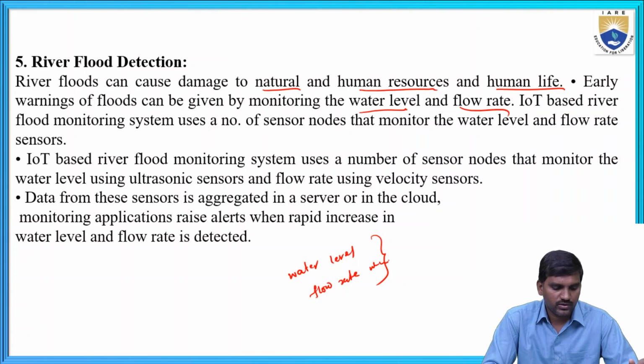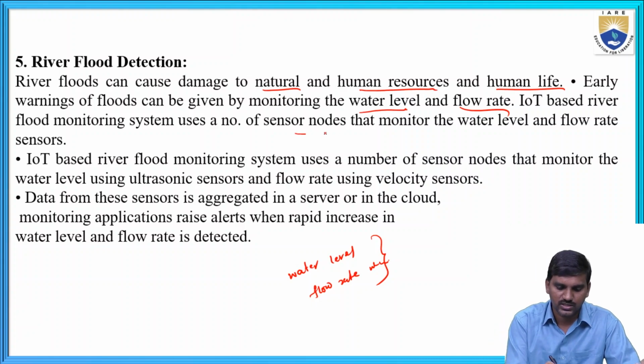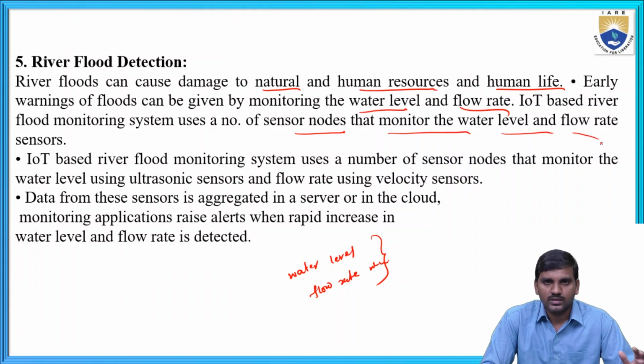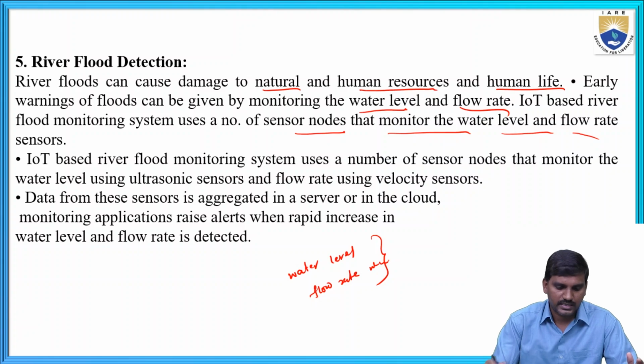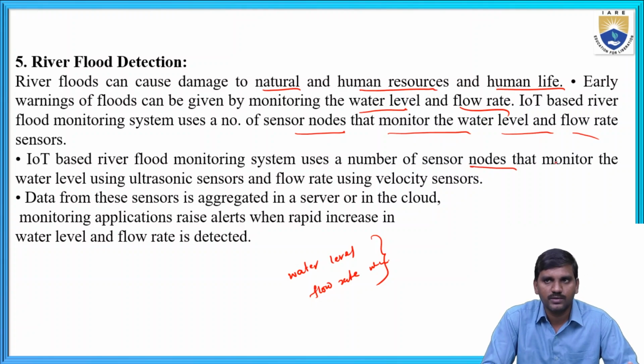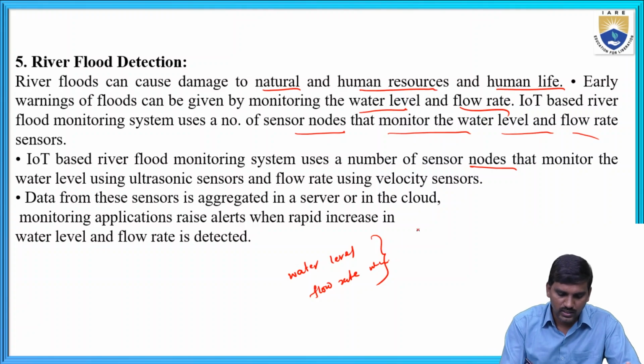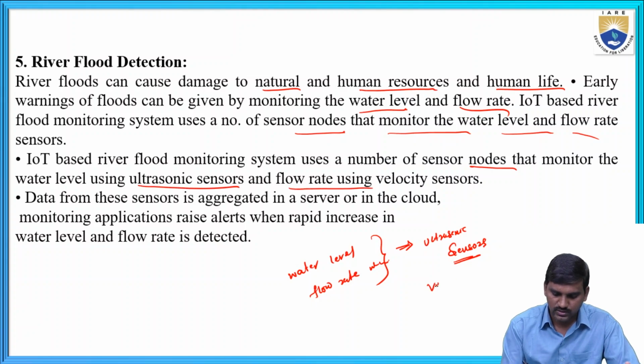An IoT based river flood monitoring system uses a number of sensor nodes that monitor the water level using an ultrasonic sensor, and the flow rate using a velocity sensor.